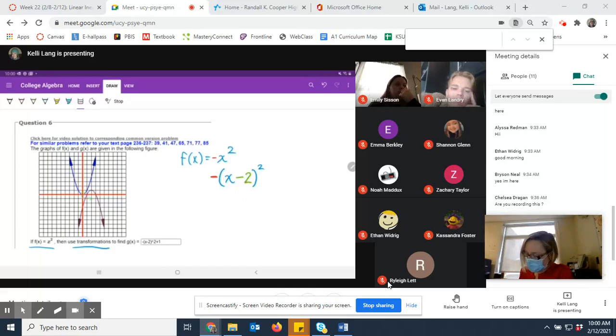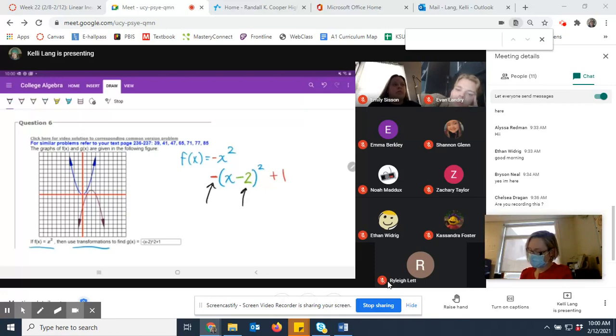And then the last thing I notice about this function is that it's lifted up just 1 unit. It has been raised or vertically shifted by positive 1. So we just throw that at the end. So just to recap what I just wrote down, this is the vertical flip.